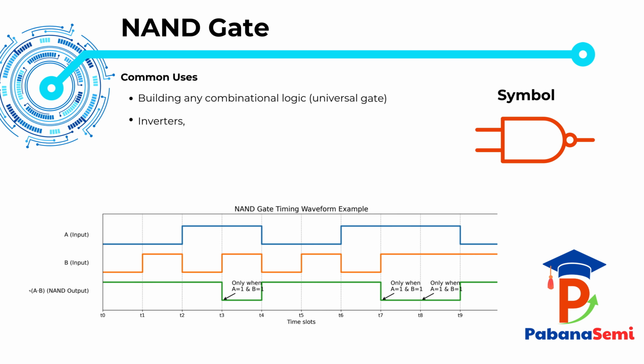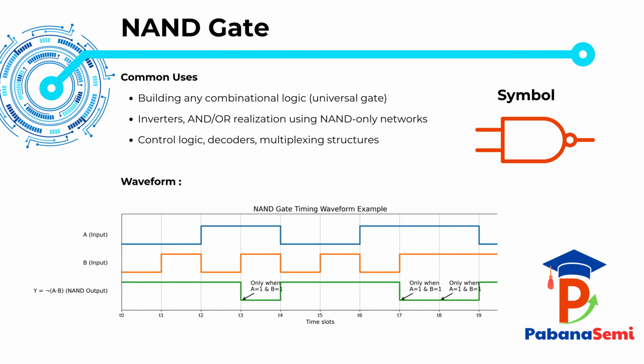Now, let's look at the common uses of the NAND gate, and then verify its behavior using the waveform. First, NAND is called a universal gate. This is extremely important in digital design because it means we can build any combinational logic function, including NOT, AND, OR, XOR, and complex expressions, using only NAND gates.